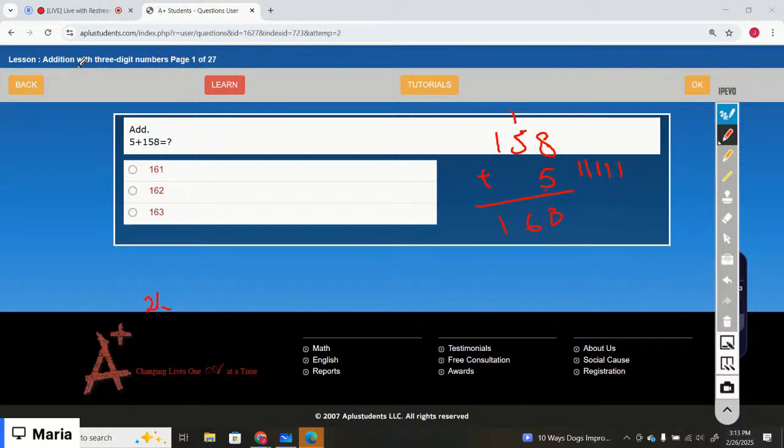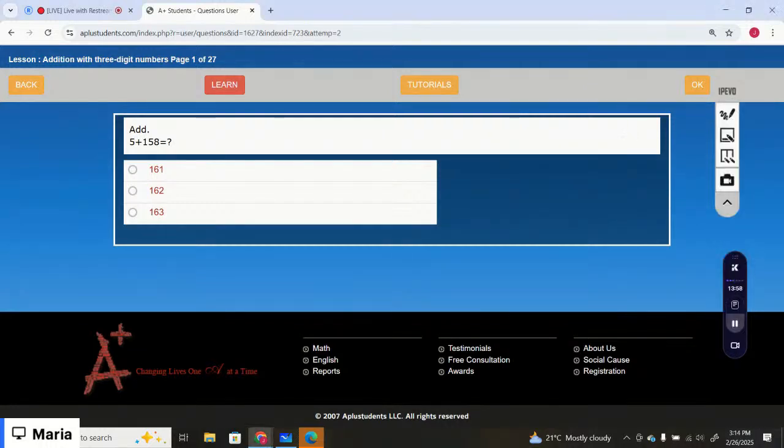That is 163. Option number 3 is the correct option.